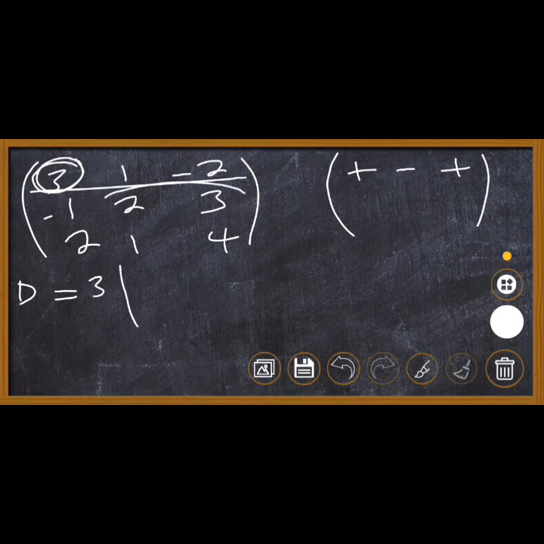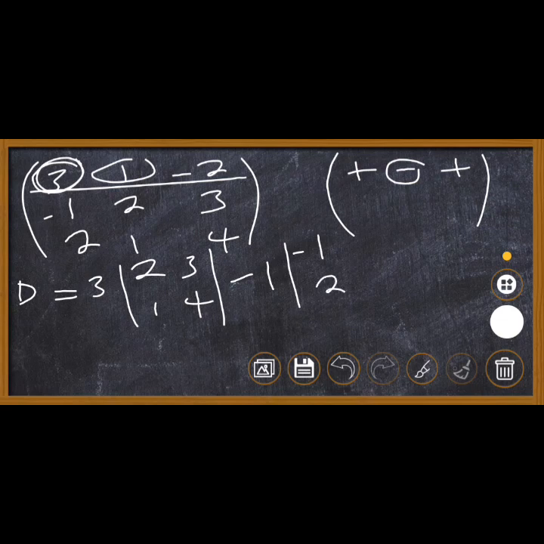Of course it's this matrix. Hopefully you can remember. So it's going to be 2, 1, 3, and 4. And then here is negative. So negative of 1. So in this case we are going to have negative 1, and we're going to have 2, 3, and 4 here.